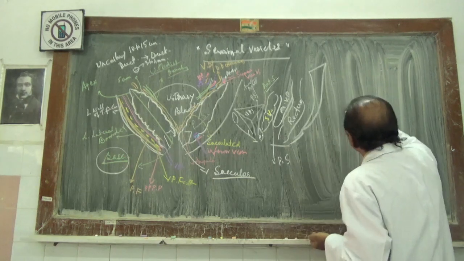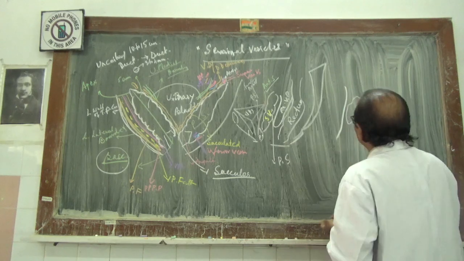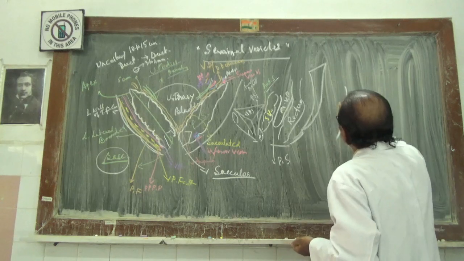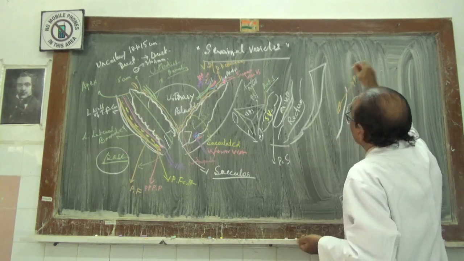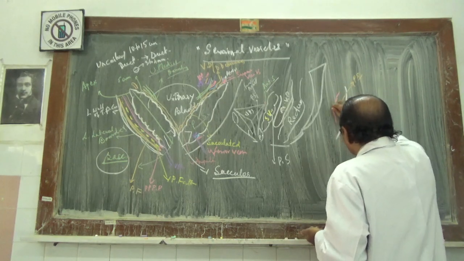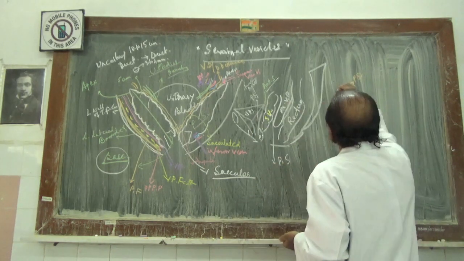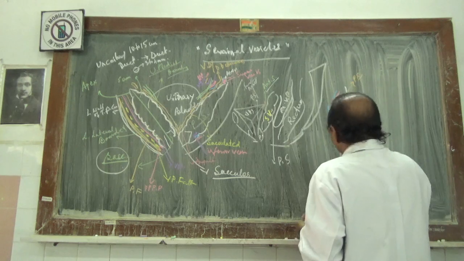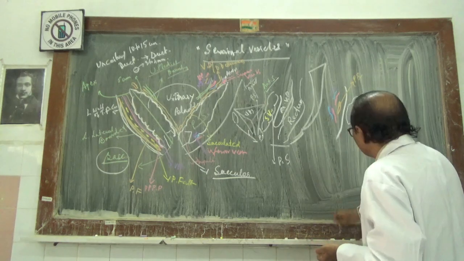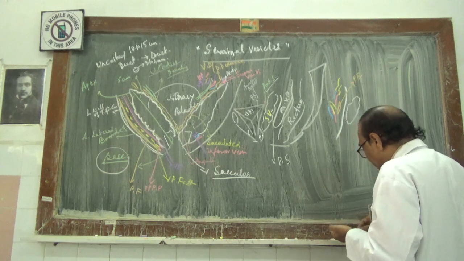So in a seminal vesicle, anteriorly it is related to the posterior surface of the urinary bladder, base or fundus, then the superior and inferior seminal vesicular arteries, superior and inferior vesicular veins, superior and inferior vesicular lymph vessels, and the sympathetic and parasympathetic nerve filaments.